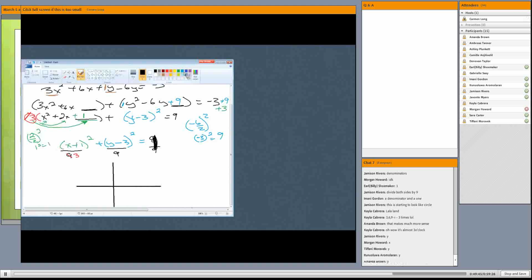The center is at -1, 3, right there. Graph paper would be your friend for this. Then this one, vertex, and we're going to go down 3 units, and there's the other vertex. So that's a vertex, and that's a vertex.